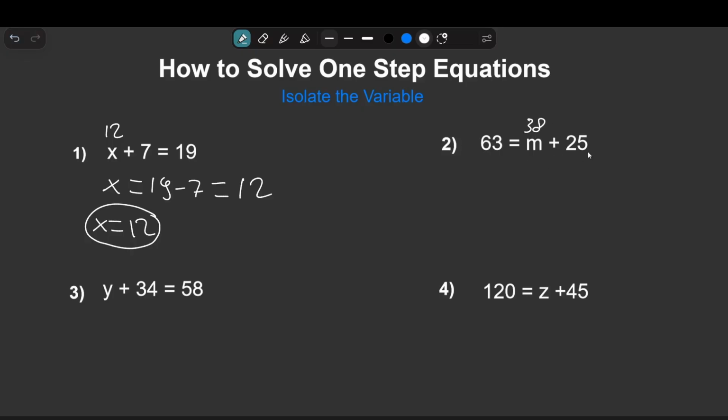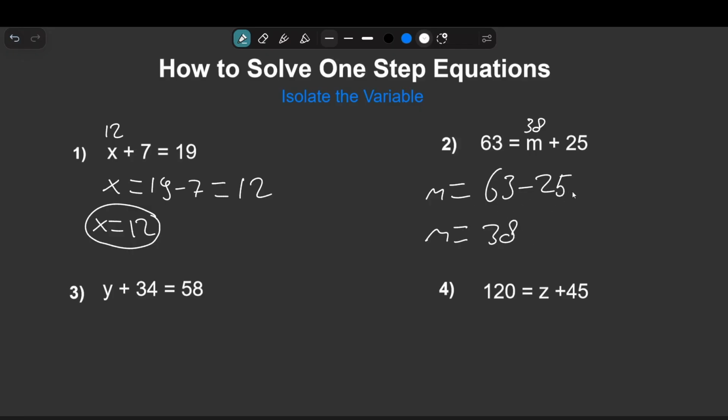So we are inversing, or doing the opposite of, the operation we are given. So we do 63 minus 25, and 63 minus 25 gives us an answer of 38.